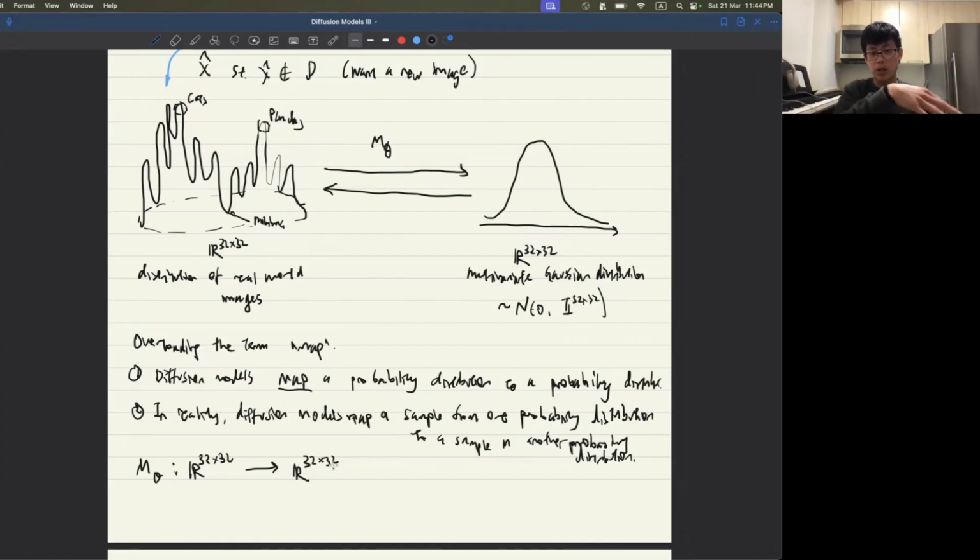We can sample n data points from one probability distribution, pass them through the model, and these n data points should build up some sort of empirical distribution in the probability distribution that is mapped to. So it is also mapping a probability distribution to a probability distribution. I just want to clarify this because this is really the operational form of the model. And when I say it maps a probability distribution to a probability distribution, that is conceptually what is happening.